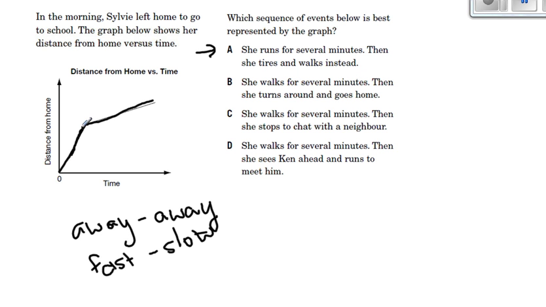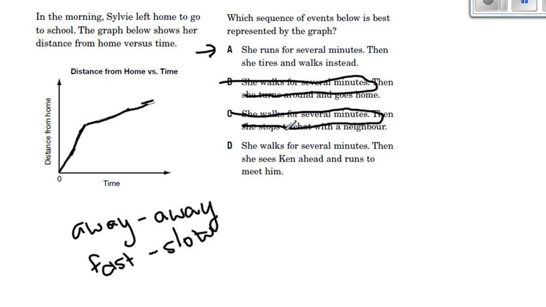Well, we know that it's away and then away, so she's definitely not turning around and going home. It's not B. C, she walks for several minutes, then stops to chat. Well, nowhere is there a horizontal line that indicates a stop in motion. She's never stopped to rest or chat, so it's not C. D says she walks for several minutes, then she sees Ken ahead and runs to meet him.